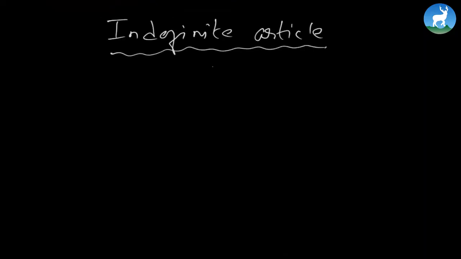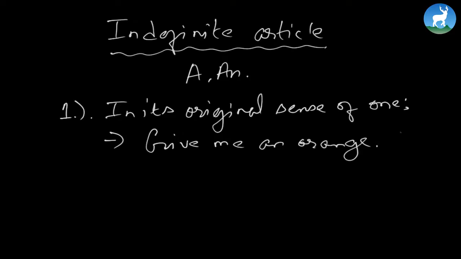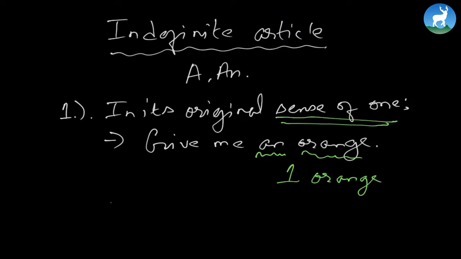When we deal with indefinite articles, which are again a and an, here are the cases where we use them. In the first case, we use it in its original sense of one. For example, give me an orange. In its original sense of one, meaning he's talking about one orange.